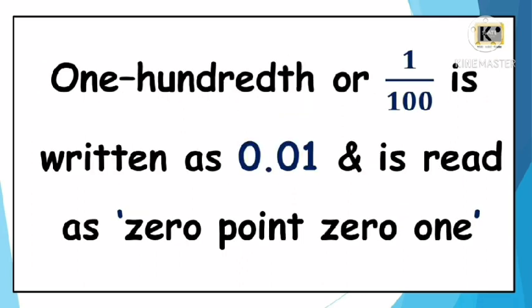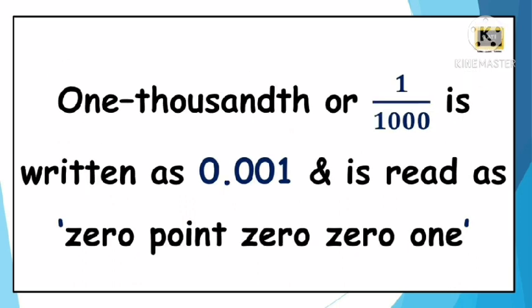Similarly, 1/100th or 1 by 100 is written as 0.01 and is read as 0.01. 1,000th or 1 by 1000 is written as 0.001 and is read as 0.001.